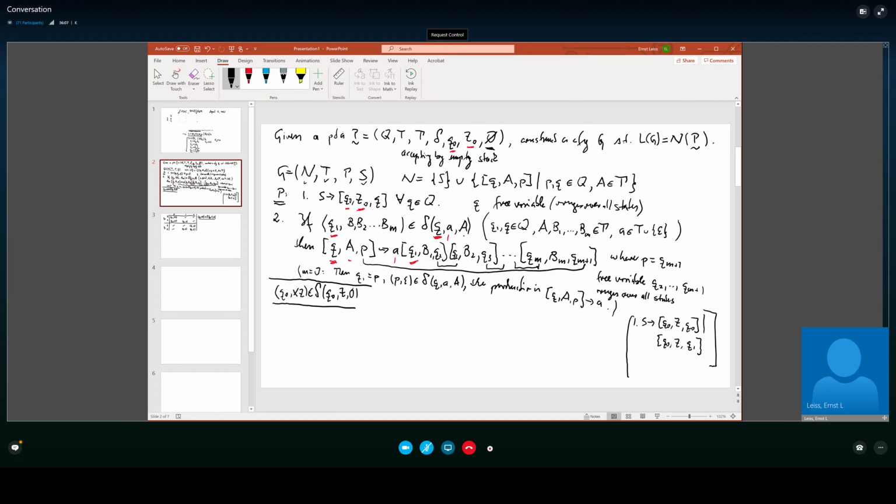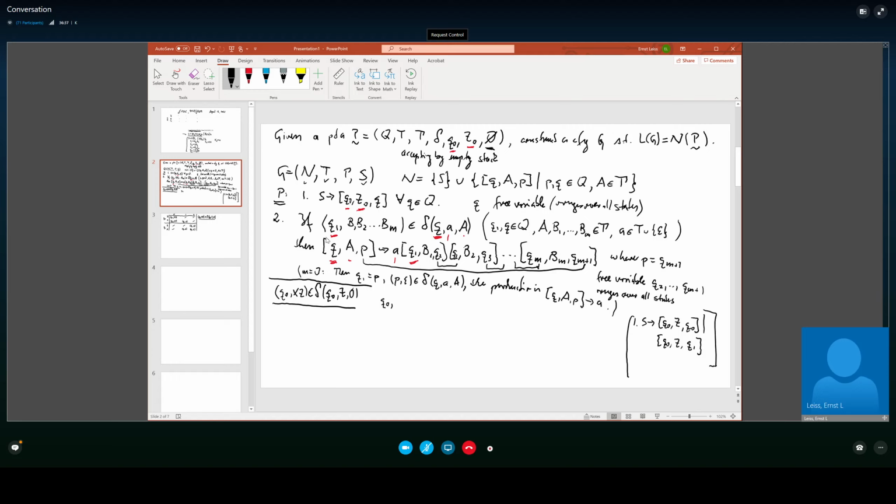So according to the first step, we have Q, A, P. So this is where the pattern matching occurs. That Q is this Q, which is that Q0 that we have here. So we have Q0.